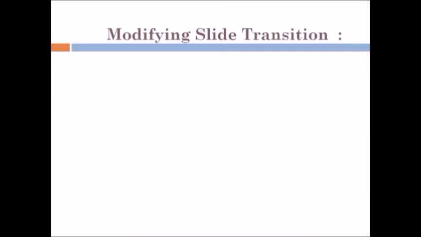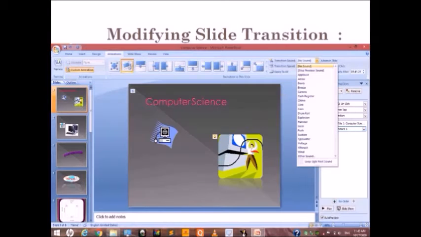Next is modifying slide transitions. Okay, so look here. When a transition effect is applied to a slide, it follows some default settings to show the slide during the slideshow. Okay, so these settings can be changed if needed for that presentation.